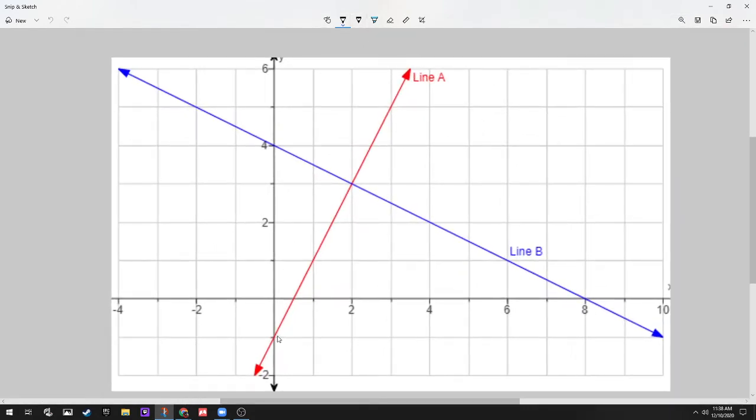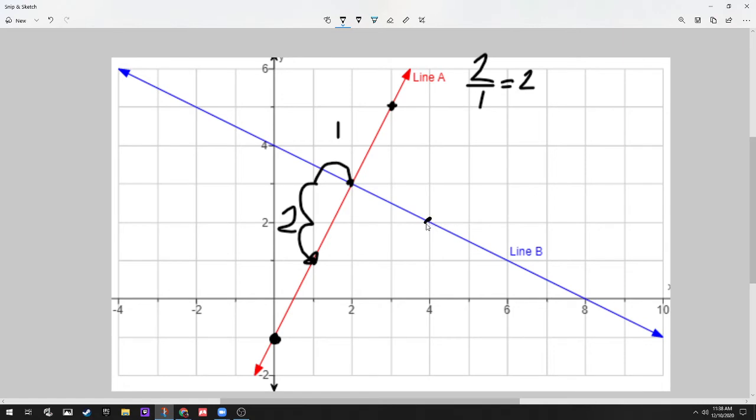I see a lattice point there, lattice point there, lattice point, lattice point. So line A, I can pick any two lattice points and count my rise over run. 1, 2, 1. So line A, I get my slope as 2 over 1. Remember though, they're going to want me to simplify that. 2 over 1 simplifies to 2.